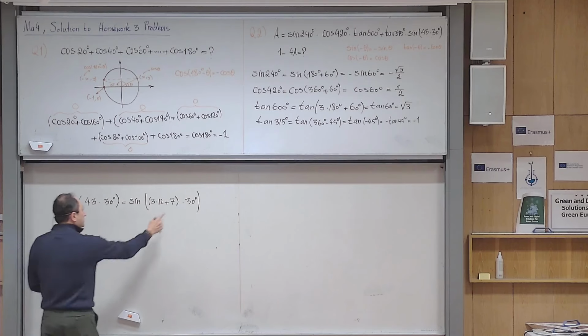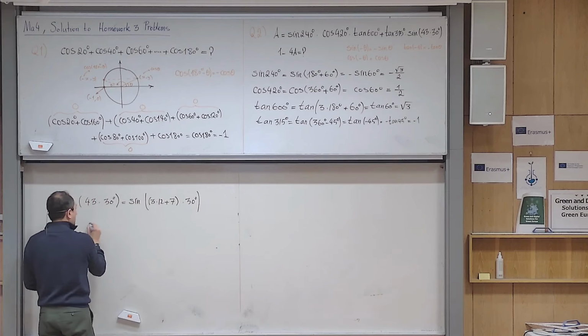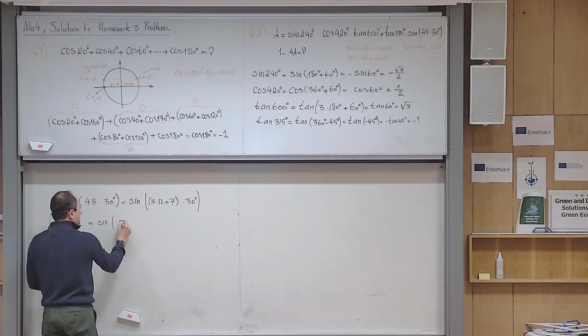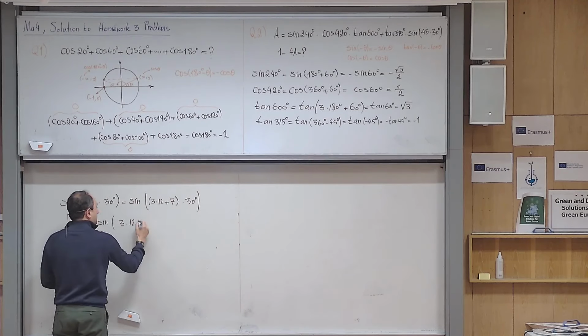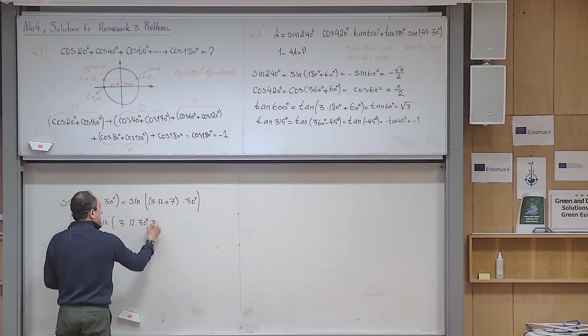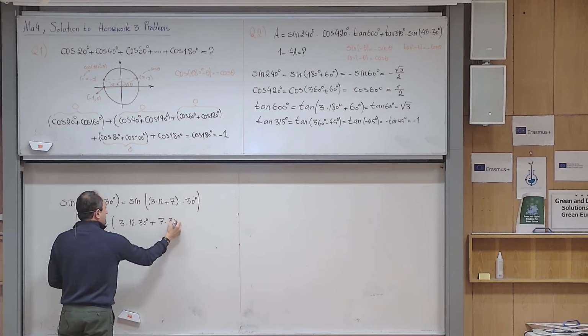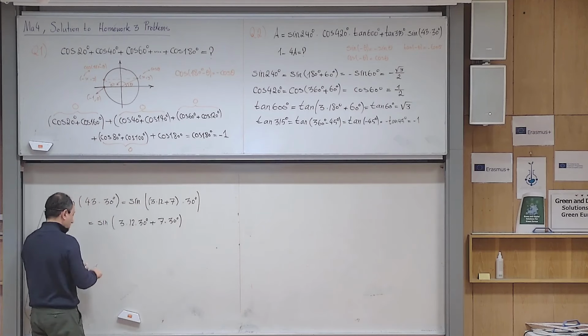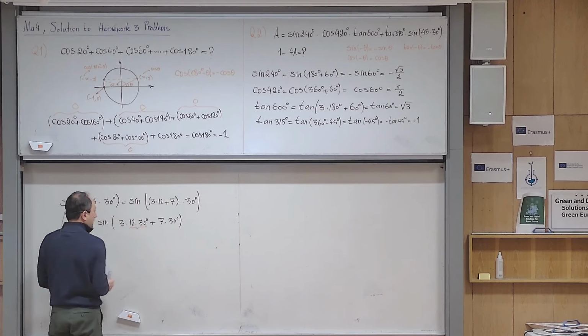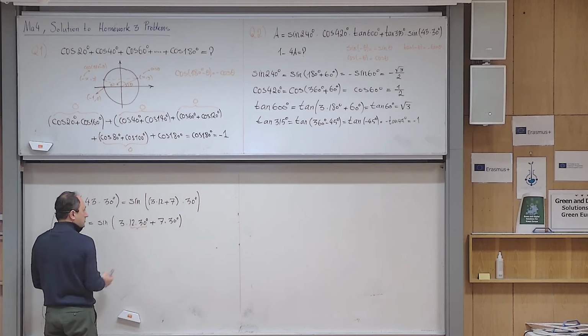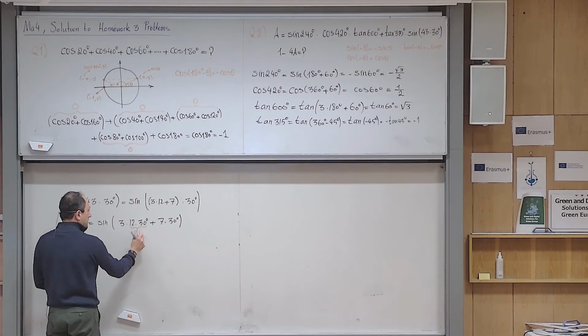So I multiply this in, so this becomes sine of 3 times 12 times 30 degrees, plus 7 times 30 degrees.